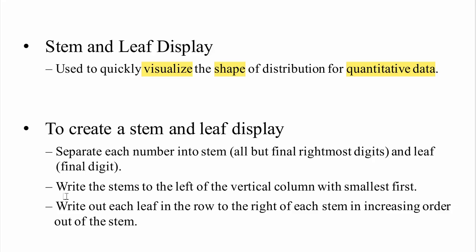The algorithm is straightforward. First, divide your numbers into two parts. So basically, I'm just going to draw a straight line between two numbers. You write the stem to the left of the vertical column, and then to the right of the vertical column, we have the leaves.